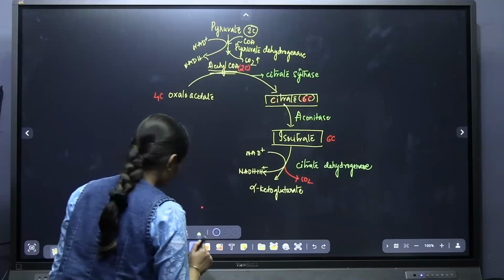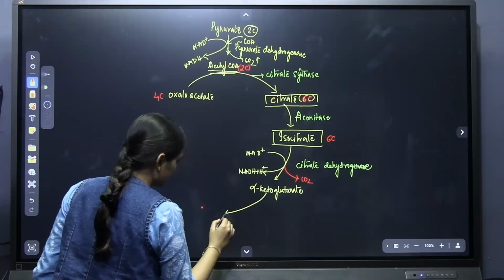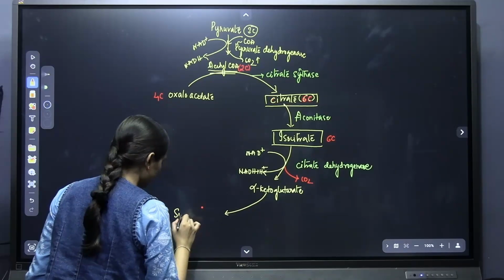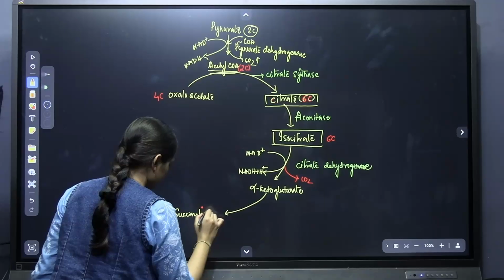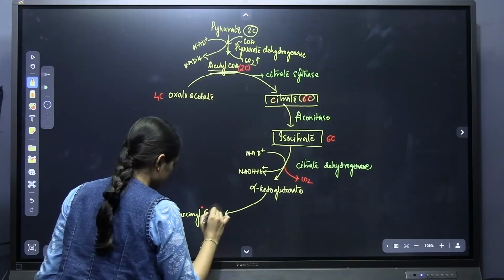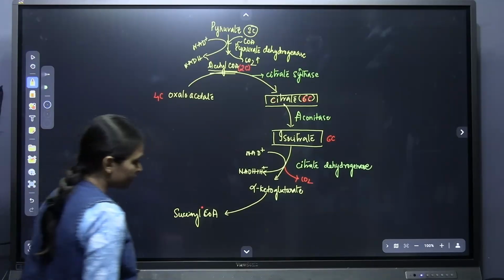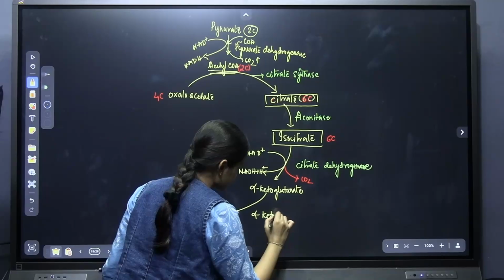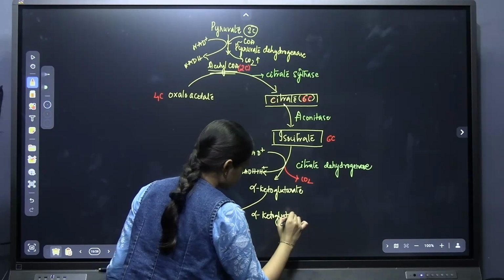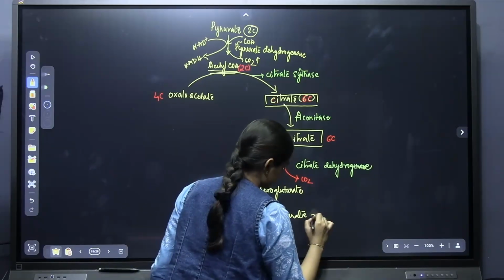Then the alpha ketoglutarate will be converted to succinyl CoA, that is succinyl coenzyme A. Here the enzyme used is alpha ketoglutarate dehydrogenase.